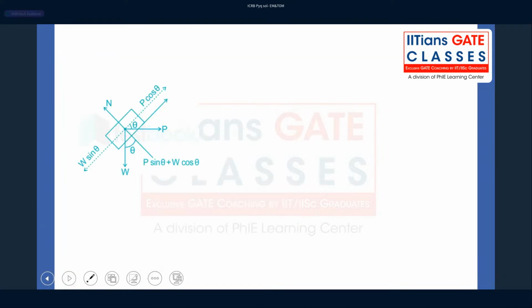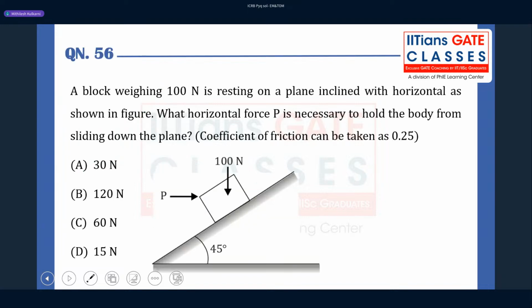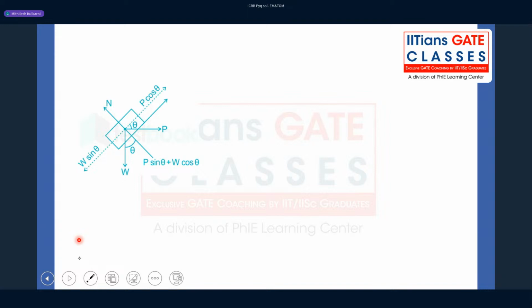So this is the free body diagram. 100 Newton is the weight which is acting downwards. Then the normal reaction is always perpendicular to the surface. The weight component is W sine theta, and the weight component in this direction is W cos theta.